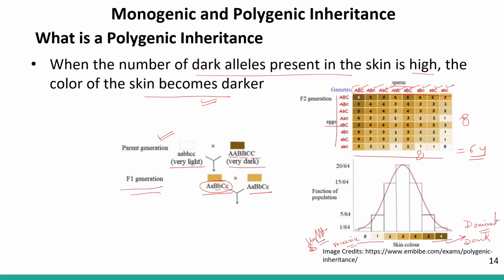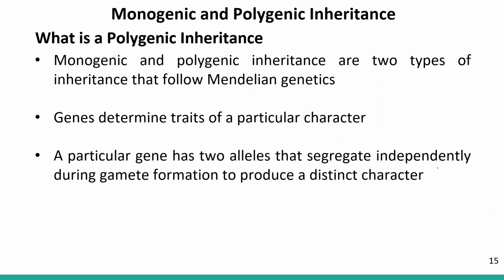So the number of dark alleles present in the skin is high, so that is the dominant, and the color of the skin becomes darker, right? So we can see the bell-shaped curve for the skin color. This is one of the examples showing polygenic inheritance.